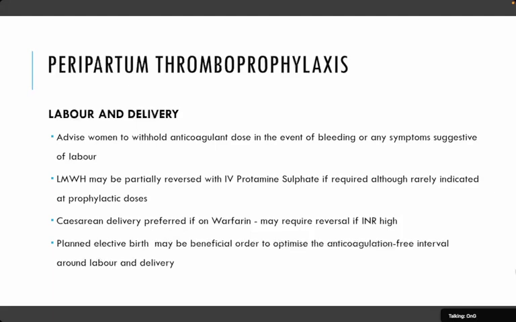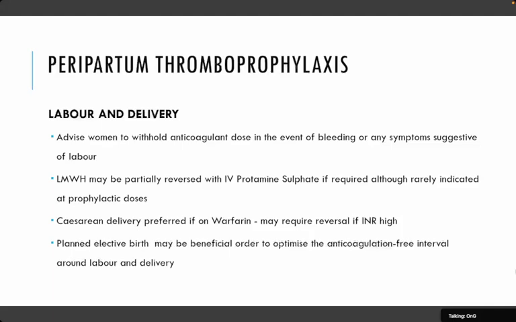And then looking at the peripartum period, women should be advised to withhold their anticoagulant dose in the event of bleeding or if they have any signs or symptoms suggestive of labor. The low molecular weight heparins may be partially reversed with protamine sulfate if required, although this is rarely indicated if they are taking prophylactic doses.